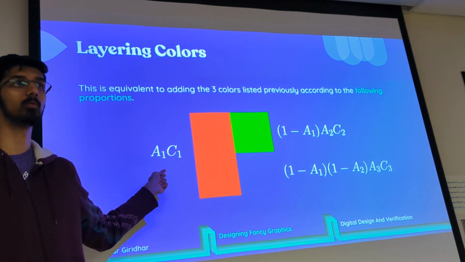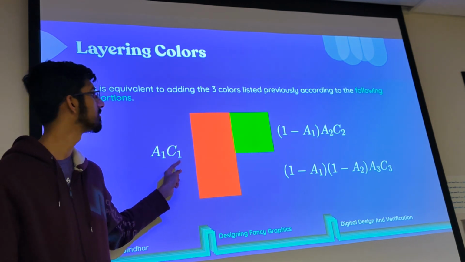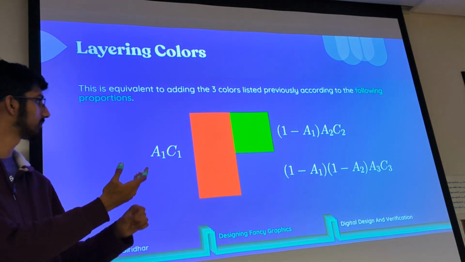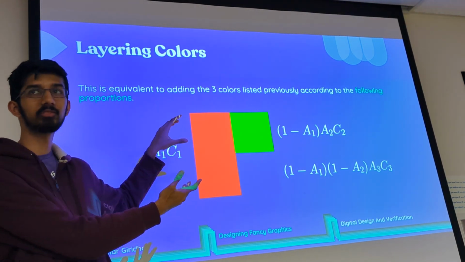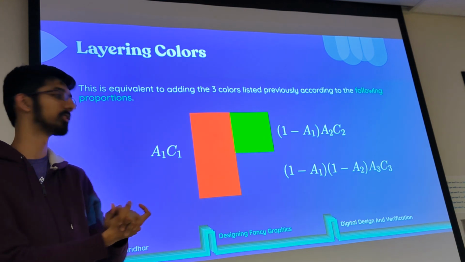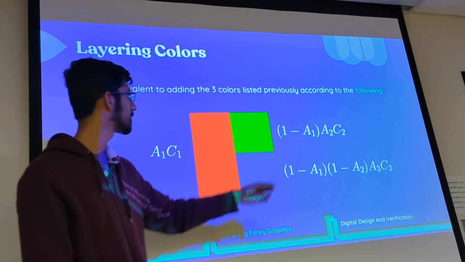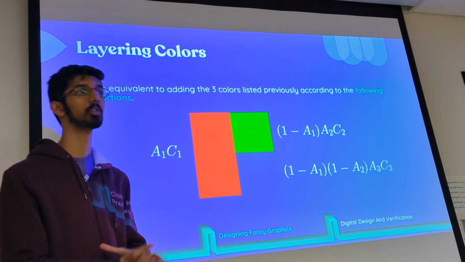This A1 times C1 is multiplying color 1, red, by its opacity, which was 0.5. This A2 times C2 is multiplying the green color, C2, first by the remaining space after red takes up 50%, and then also by the opacity of the green shade. So it's 0.5 here and 0.5 here, for 0.25 green.